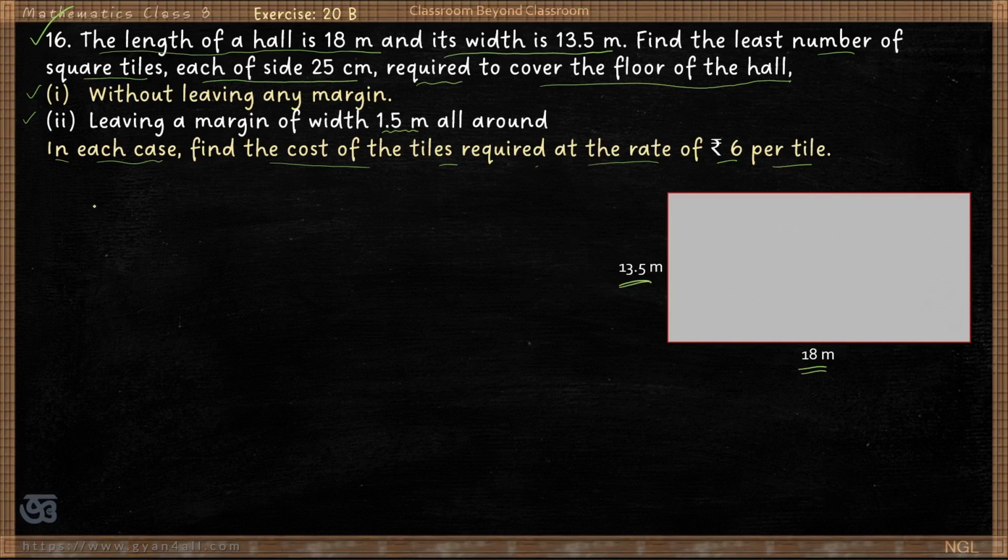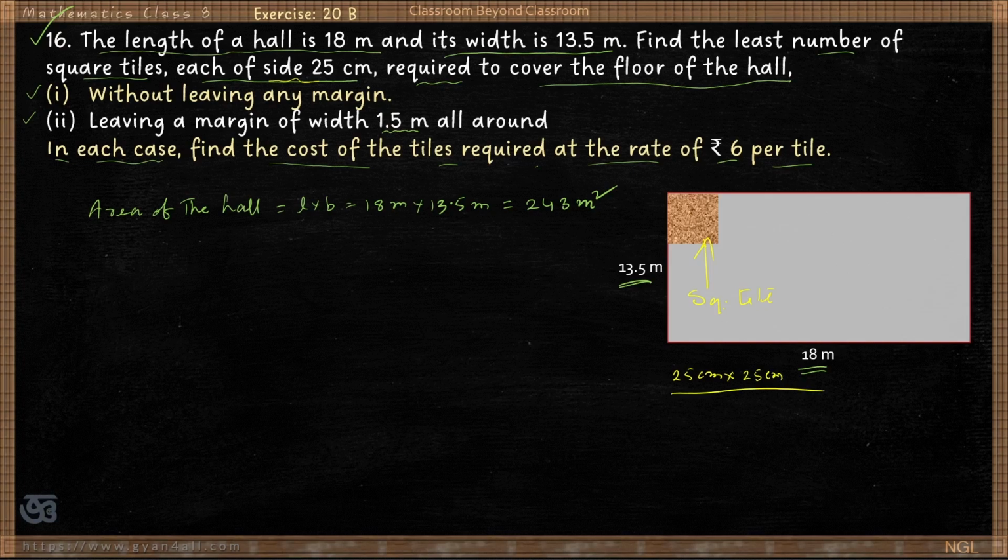So first we will find area of the hall is equal to L into B, that is 18 meter multiplied by 13.5 meters, and that is equal to 243 meter square. Now area of one tile we have to find out, because the square tile will be used like this one. Say this is the square tile and size of the tile is 25 centimeter by 25 centimeter.